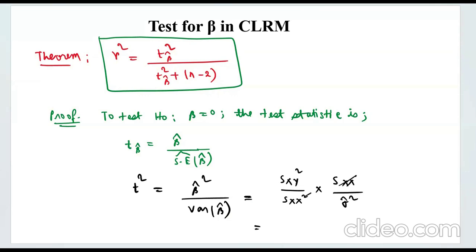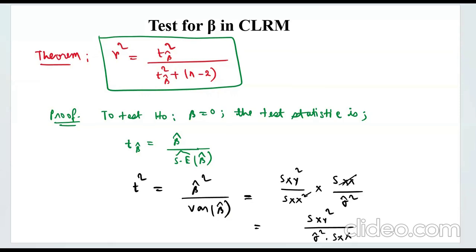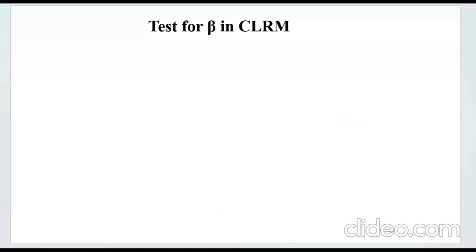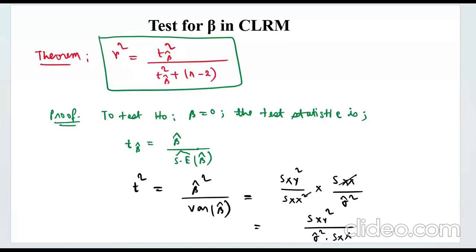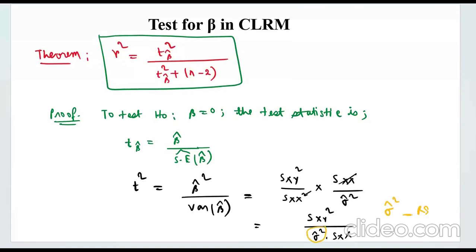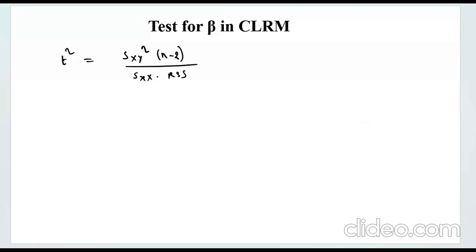Now, if you simplify, you will get Sxy square upon sigma cap square into Sxx. Again, sigma cap square is RSS by n minus 2. So what you can write, T square will be Sxy square into n minus 2 upon Sxx into RSS. Simply put sigma cap square as RSS by n minus 2.